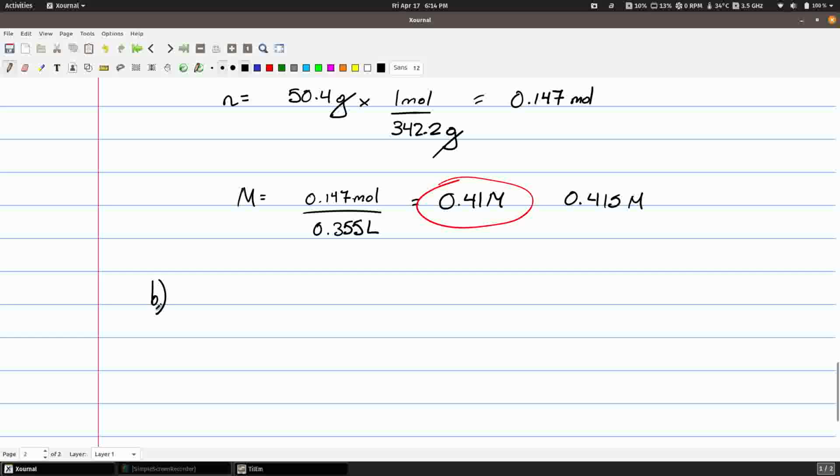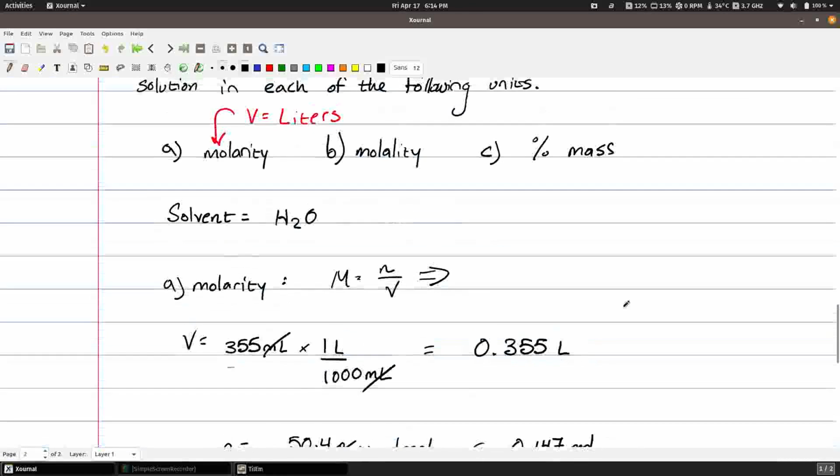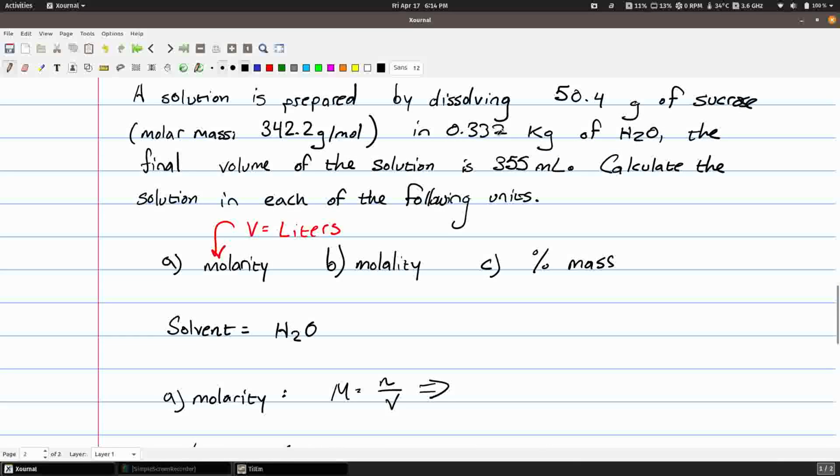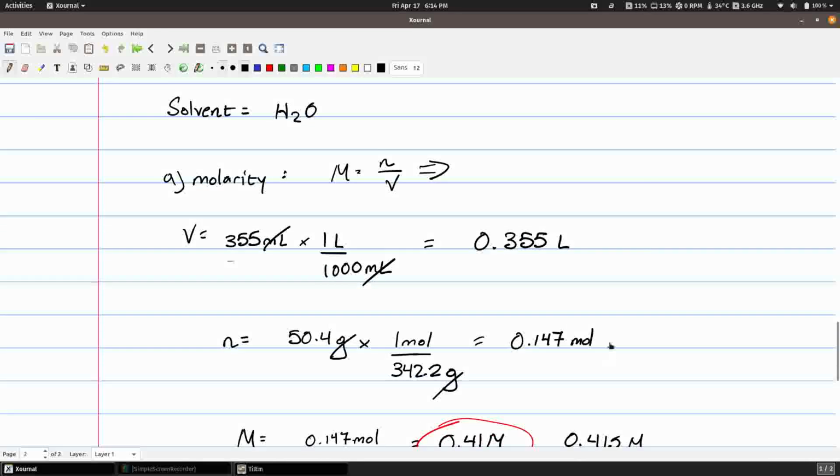Now, for molality, remember it's moles of solute over kilograms of solvent. So molality is lowercase m equals n over kilograms. So in this case, the problem gave you this. You have 0.332 kilograms, and then you have your moles.